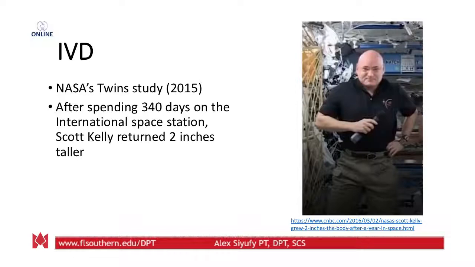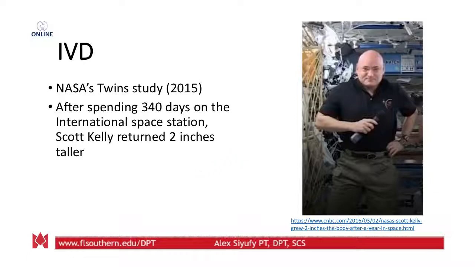So one of the interesting studies they had a few years ago, back in 2015, was with NASA. What they would do is take identical twins and measure them on Earth and then send one of them to space. So this is Scott Kelly. He spent 340 days in basically a zero gravity environment at the International Space Station.